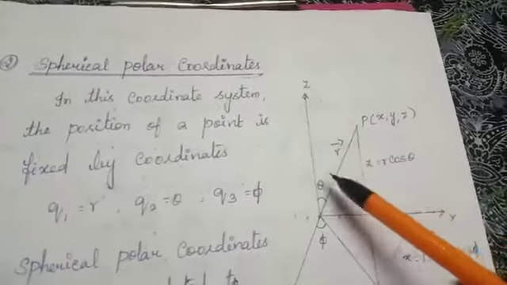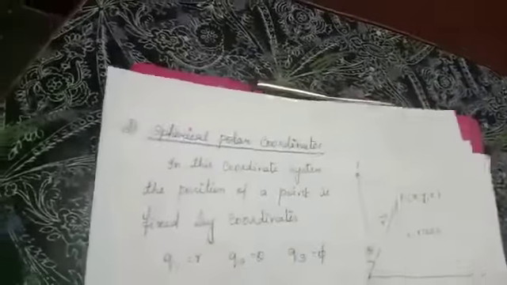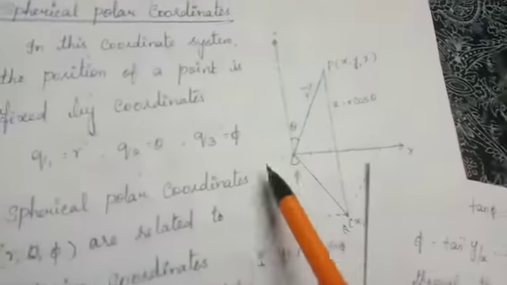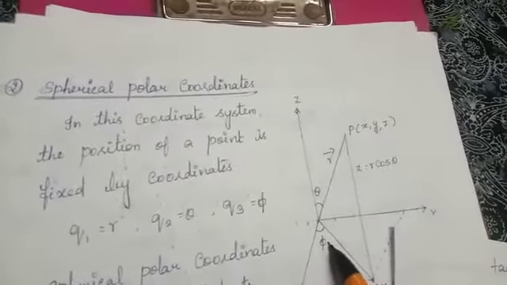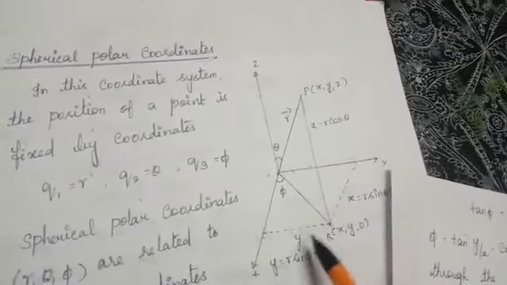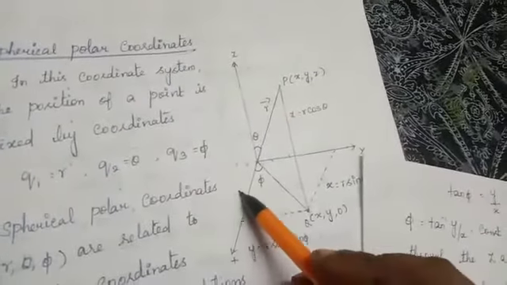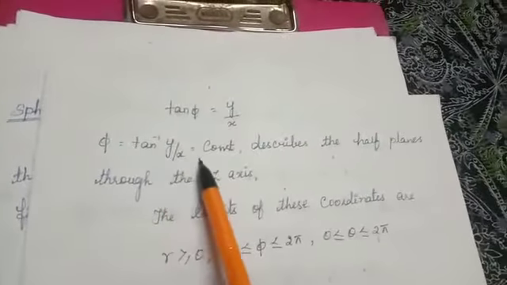So this describes the right circular cones with vertex at the origin. And we can write tan pi as opposite side by adjacent, that is y divided by x, or pi equal to tan inverse of y by x.